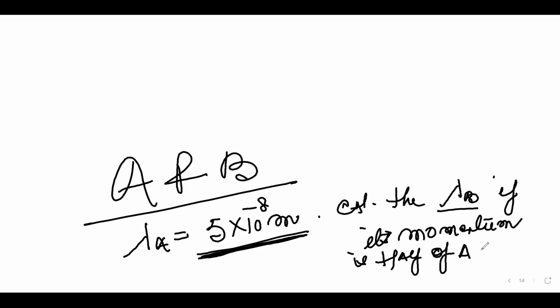A की wavelength है 5 into 10 raised to power minus 8 meters. आपको B की wavelength निकालनी है, where we are telling you that calculate the wavelength associated with the particle B if its momentum is half of A.